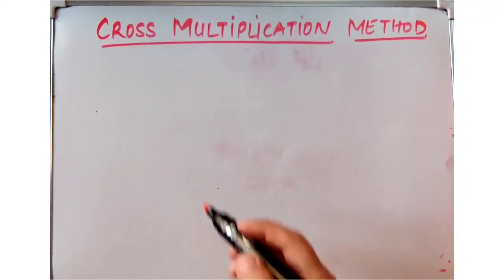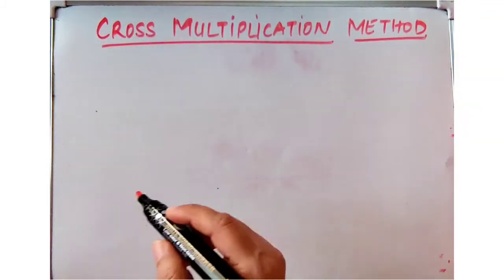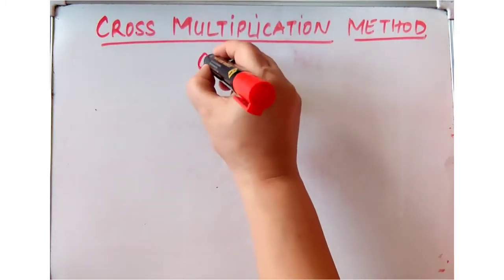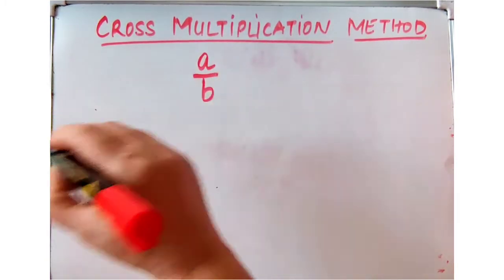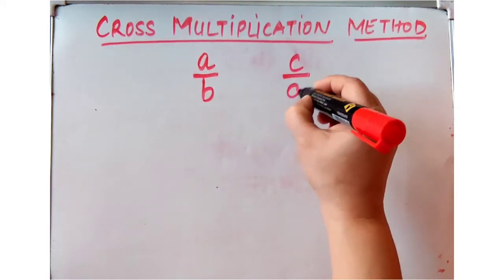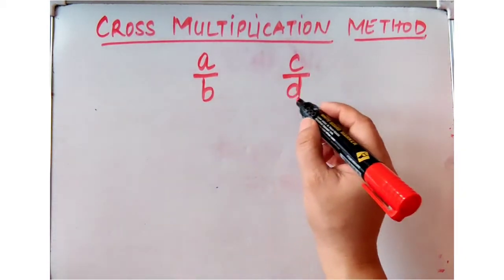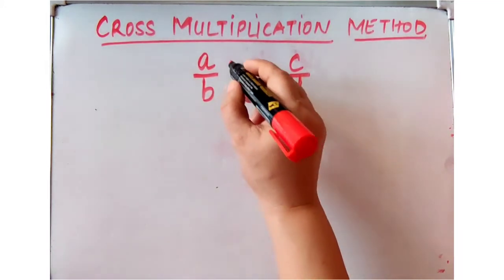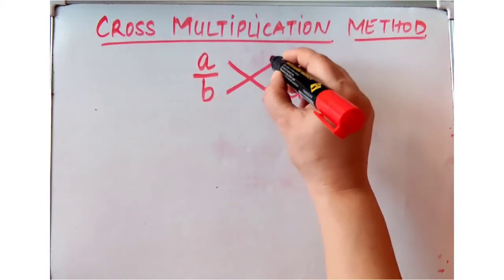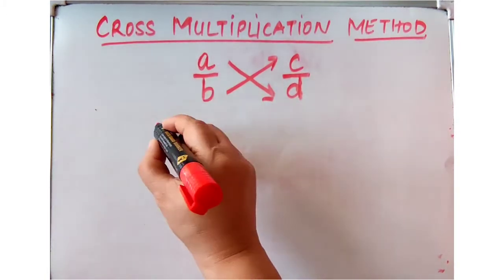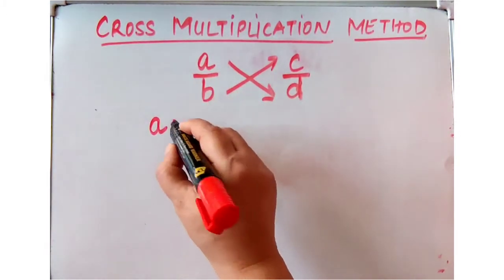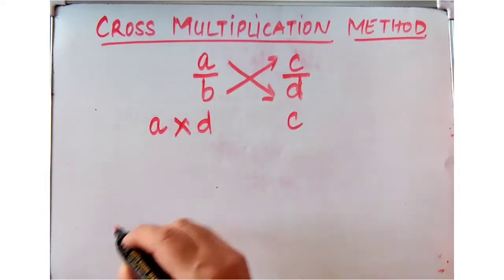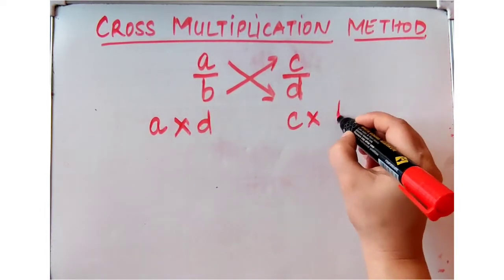Now, the first method here is the cross multiplication method. This we will be using when we are going to compare two fractions. So let us take two fractions a by b and c by d. This we have already done in equivalent fractions while checking for equivalent fractions also. We are going to cross multiply. So numerator of first fraction into denominator of second fraction, numerator of second fraction into denominator of first fraction.